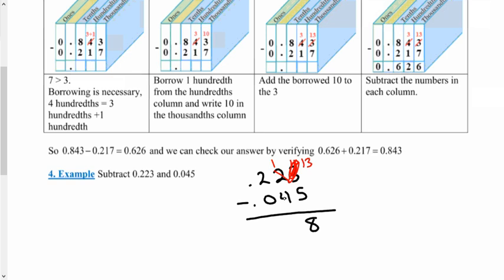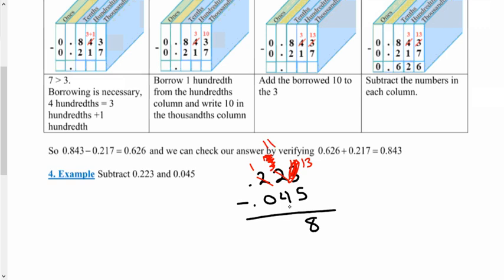Okay? 1 minus 4. Well, I can't do that. 4 is too big for 1. So I've got to actually come over, and we're going to borrow from this. We're going to convert one of these flats into 10 rods. So it's like putting 10 more over here. 10 and 1 makes 11. Usually people just write it like that as 11. I just wanted to show you it's actually 10 plus 1.